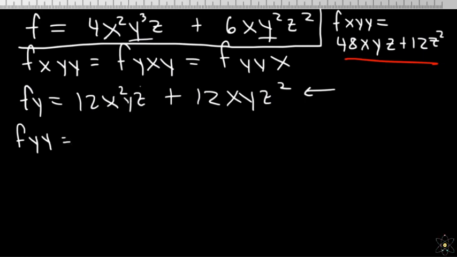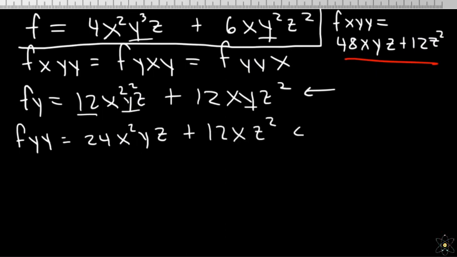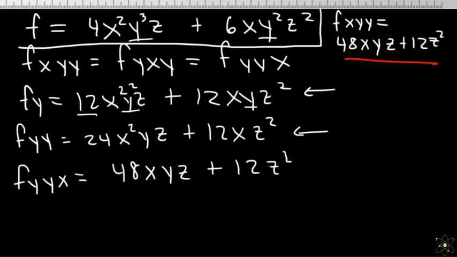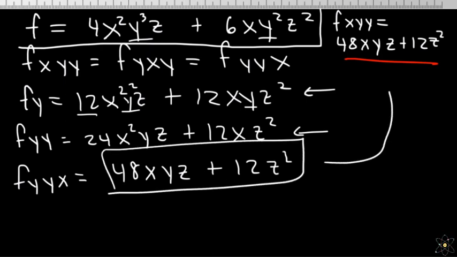So the derivative of y squared is 2y times 12, that's 24x squared y z. And the derivative of y is 1, so times everything else, which is going to be 12x z squared. Now let's differentiate this function with respect to x. The derivative of 24x squared is going to be 48x. And the derivative of 12x is just 12. So as you can see, we're going to get the same thing. So the order doesn't matter.